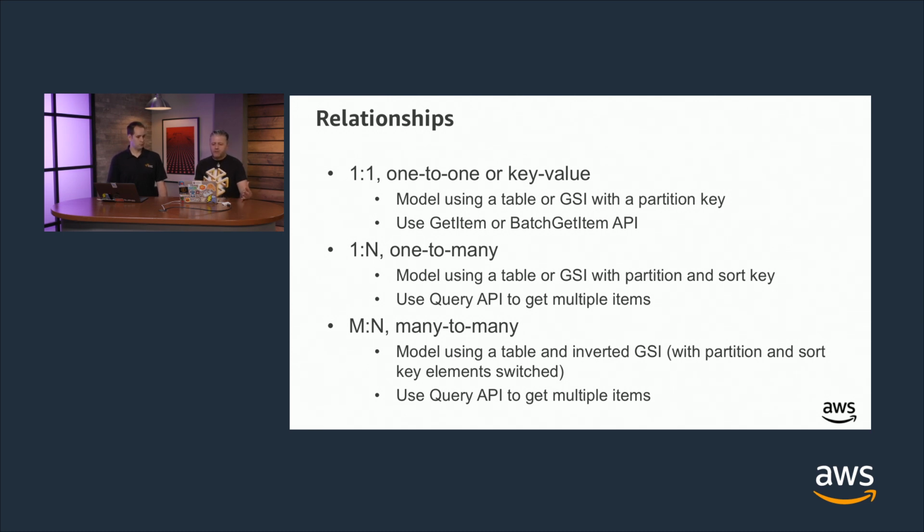And for many-to-many relationships, we model those using a table and then what we call an inverted GSI, where we have a GSI that takes the sort key from the table and uses that as the partition key. So even though we're talking about NoSQL, we can still implement and work with relationships. And one of the examples later on will actually show how to do that.